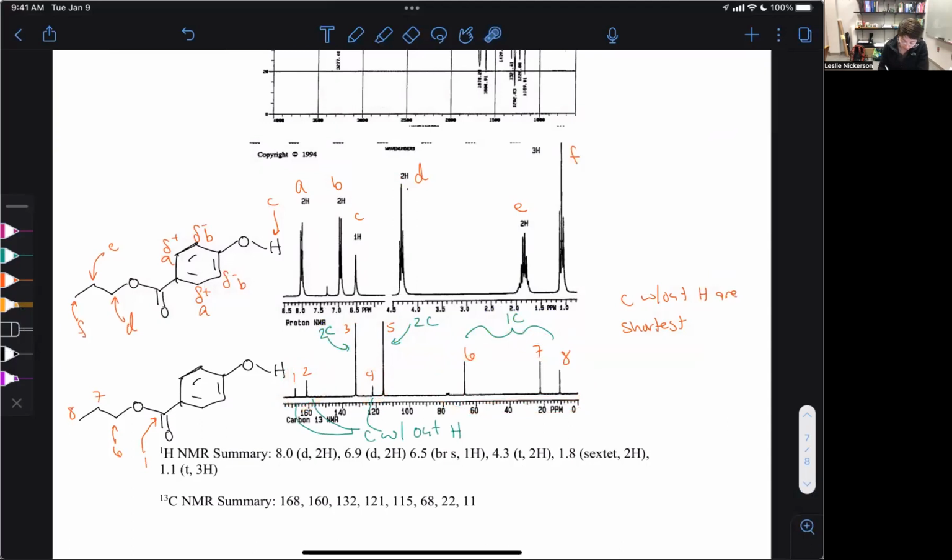So that helps tell us 2 versus 4, it's going to be one of these guys. Okay, so if we're looking at that, since we're attached to the most electronegative atom, this one is going to be 2. This one is going to be 4.